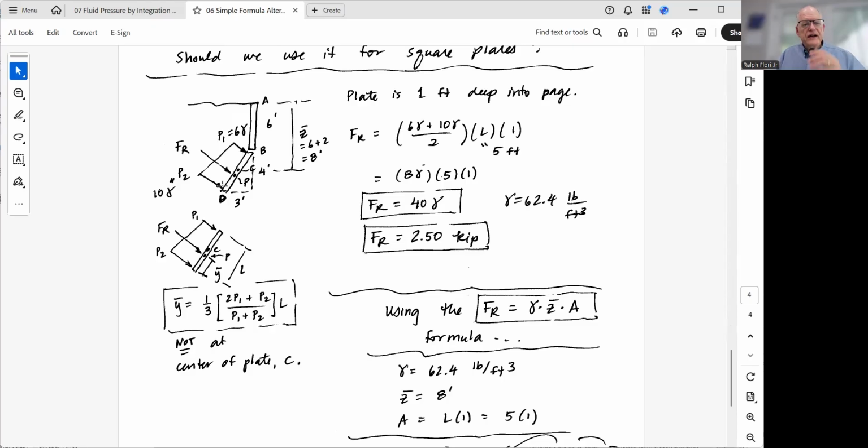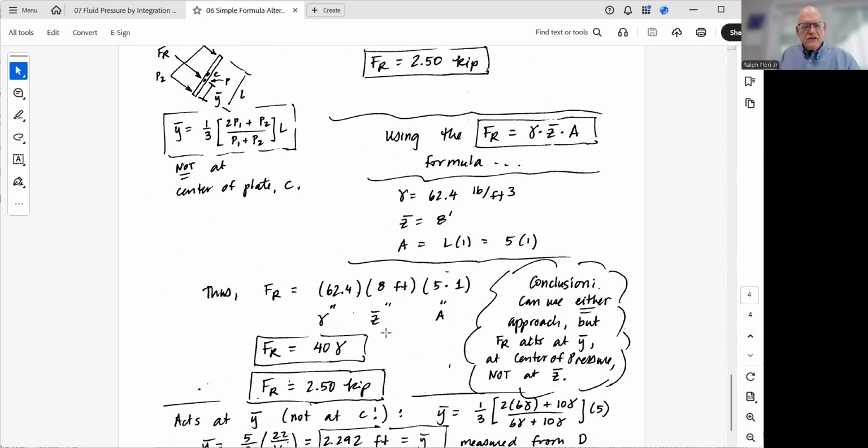And the area of this plate is 5 times 1 into the board. So if you take gamma, Z bar, which is 8, area, which is 5, you get 40 gamma or 2.5 kip. And so basically the FR is very easy this way. It's easy both ways, really. You could argue it's easier with the gamma Z bar A equation.